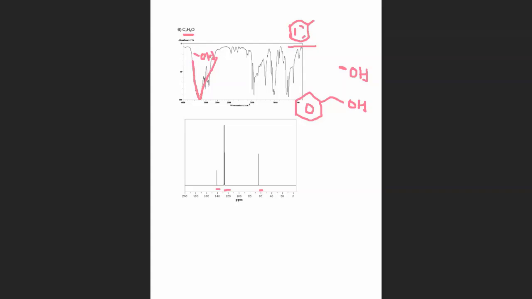So those are between 6 and 7, and this is 22, and that would be around 3.